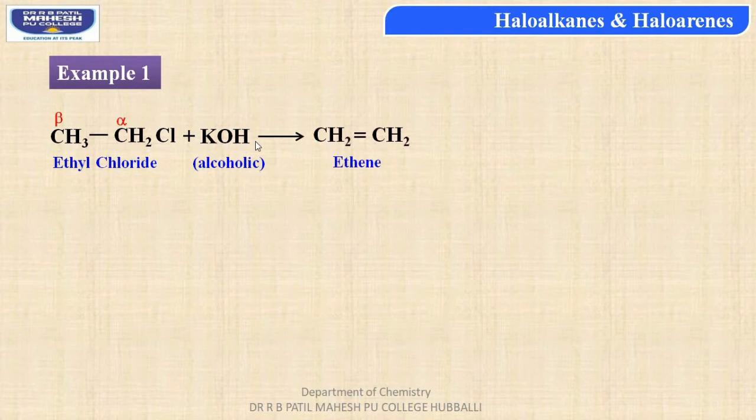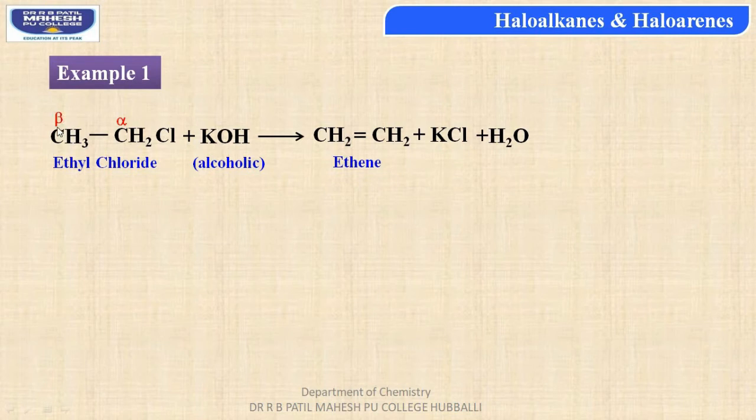Then we get ethene molecule, along with that, water molecule and KCl. Potassium hydroxide would be dissociating to form OH minus, and this nucleophile hydroxyl anion removes one hydrogen from the beta carbon atom.